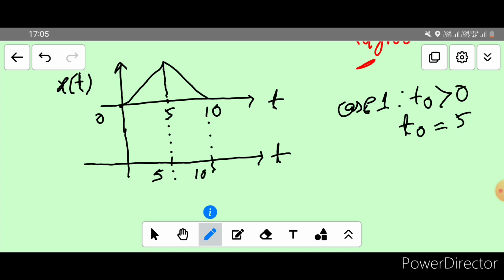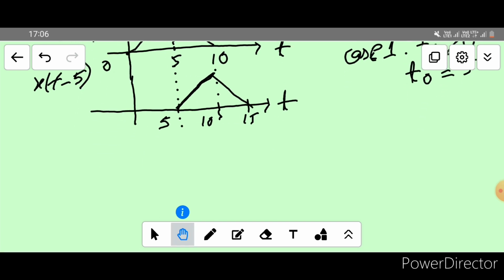And 10 will be shifted to 10 plus 5, that is 15. So this is our new signal. So this is our x(t) minus 5, where 5 is greater than 0.